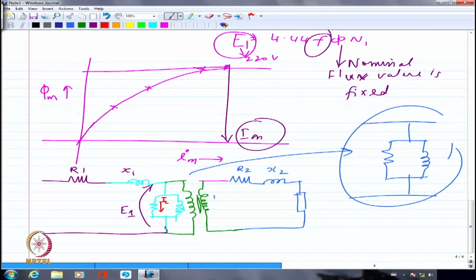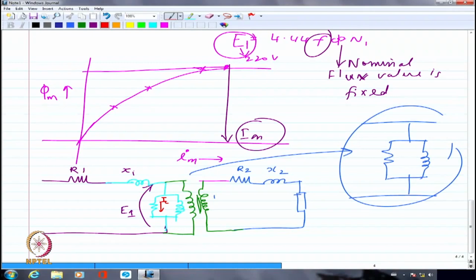Fictitious, again. See, basically I am saying that maybe the hysteresis loss is something like 100 watts in a 2.2 kilowatt transformer, kVA transformer. Let's say it's 100 watts. Now what I have to write is, this 100 watts should be equal to IC square RC.